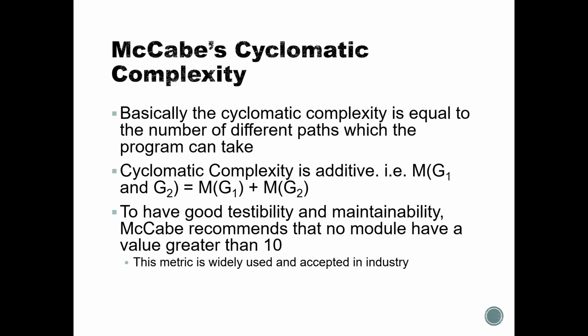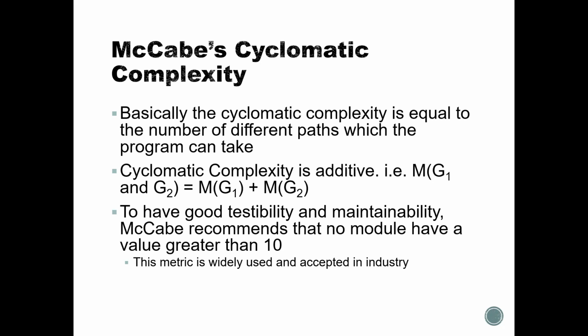Again, this McCabe cyclomatic complexity is additive in nature. It means you can calculate the cyclomatic complexity for one graph, then for another, and so on, and then add them to get the overall complexity of the whole software.